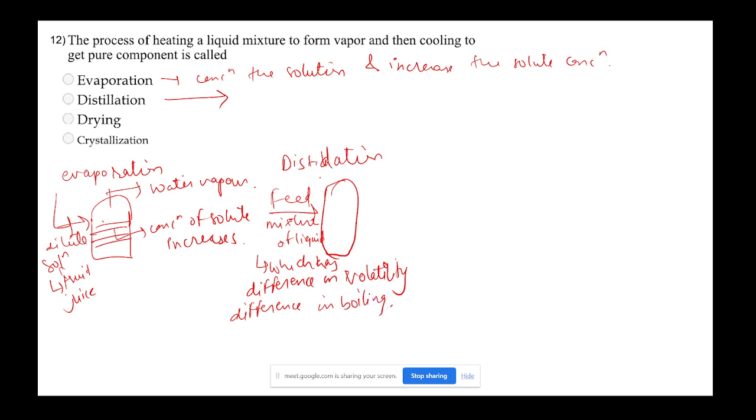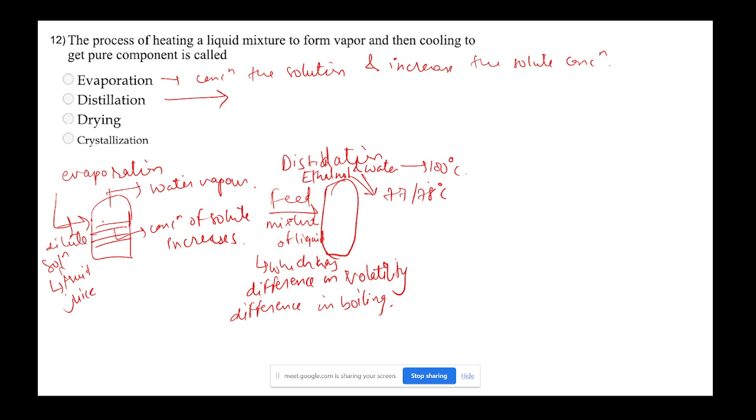So for example, you have ethanol and water. Ethanol has a boiling point around 77 or 78 degrees centigrade and water has around 100 degrees Celsius.